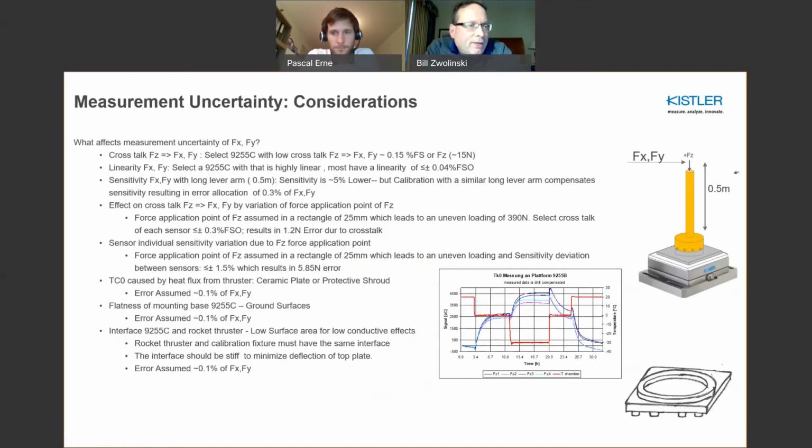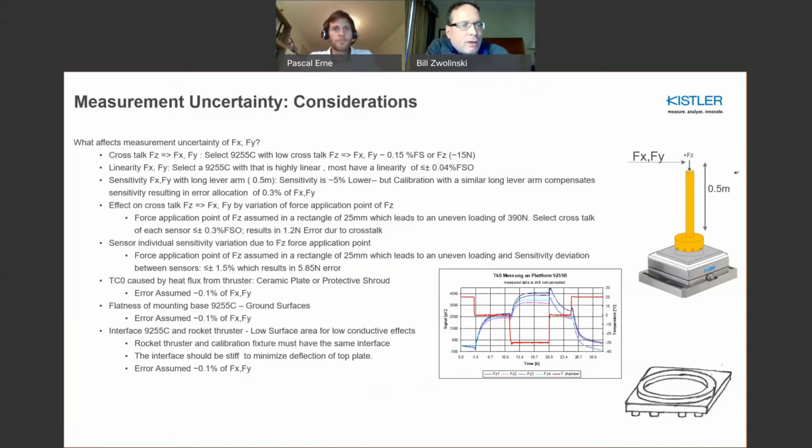Certainly, the sensitivity of FX and FY is affected by this long moment arm here. So you have to basically do a calibration with a suitable fixture that can calibrate out what these XY forces are over, say, a half a meter lever arm. And we can get to that actually rather accurate, reduce the errors associated with that.